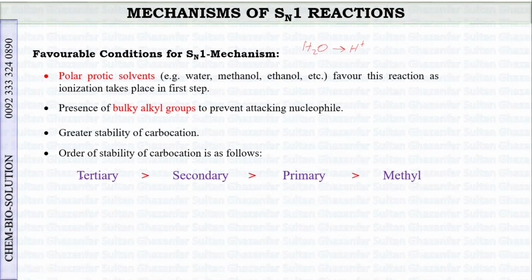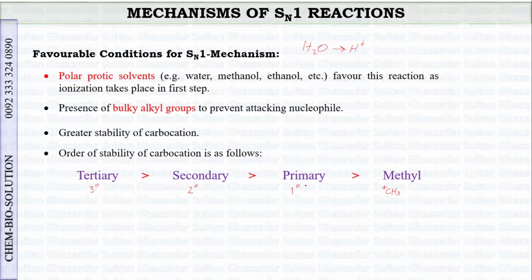The tertiary carbocation, also called the 3-degree carbocation, is more stable than the 2-degree carbocation. The 2-degree carbocation is more stable than the primary carbocation, and the primary carbocation is more stable than the methyl carbocation. Some authors consider methyl as a primary carbocation, and that's not wrong. It is also correct.